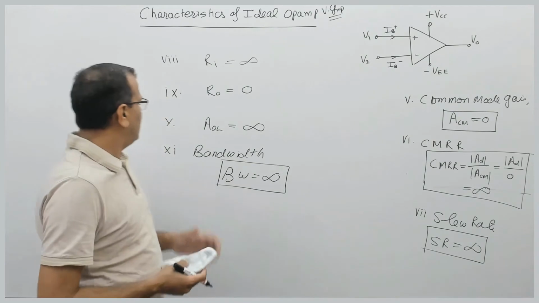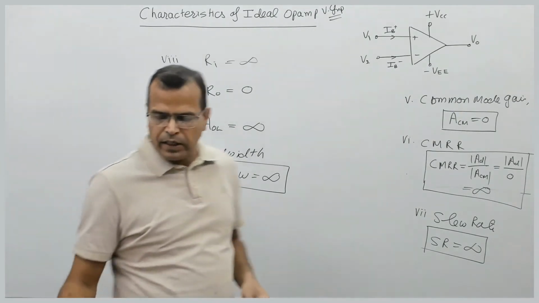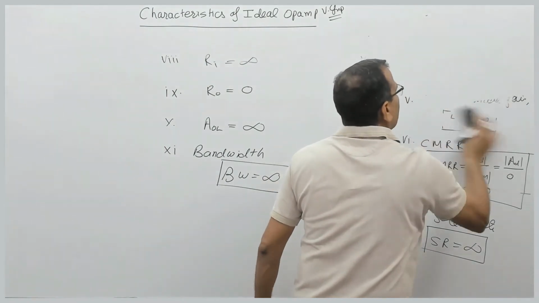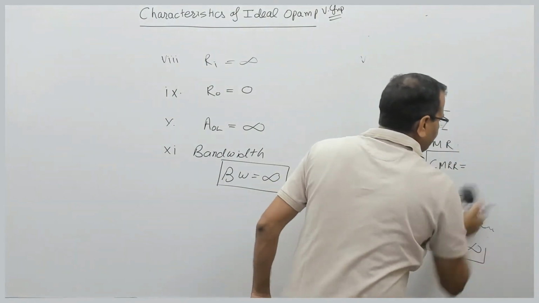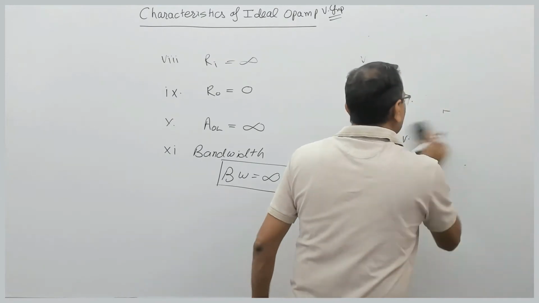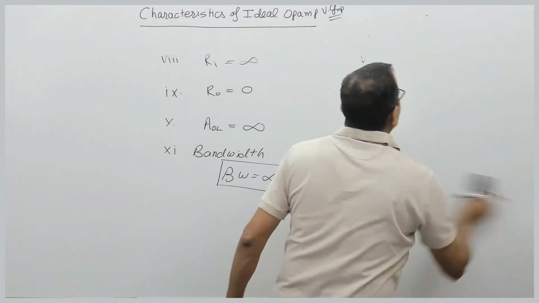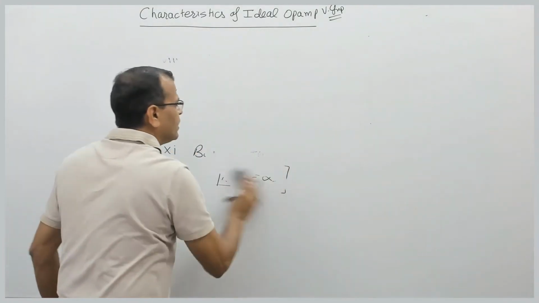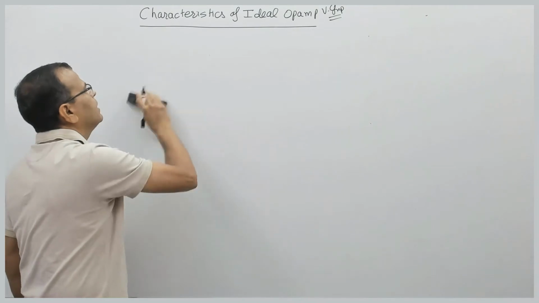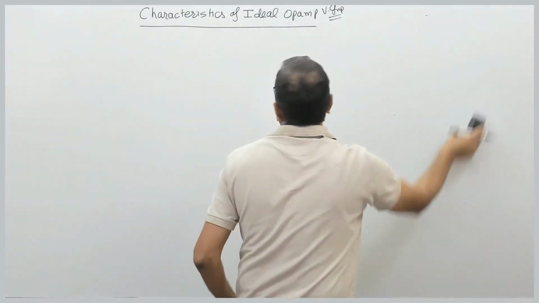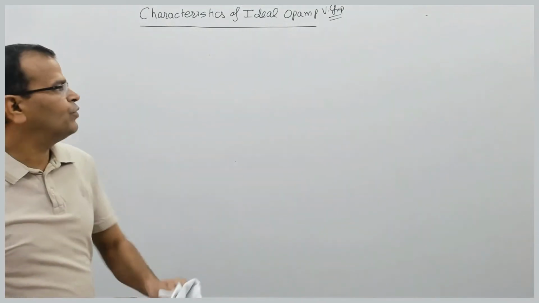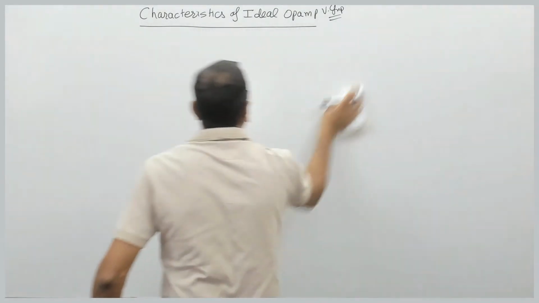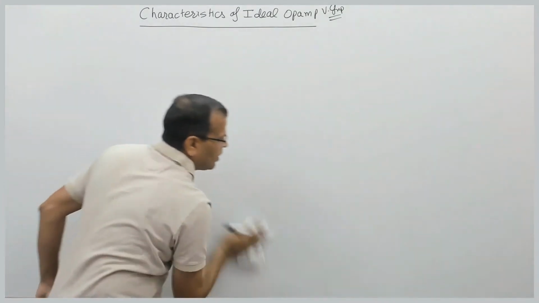Then there is another small topic, the voltage transfer characteristic of the op-amp. We know the output voltage of the op-amp is a function of the input voltage and gain. I repeat, for an ideal op-amp, the output voltage is a function of the differential input voltage and gain.